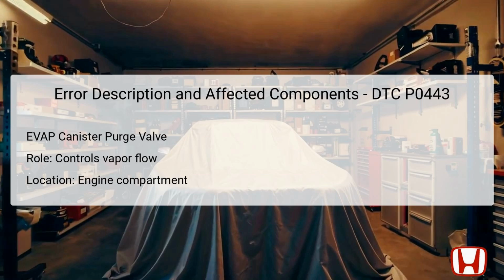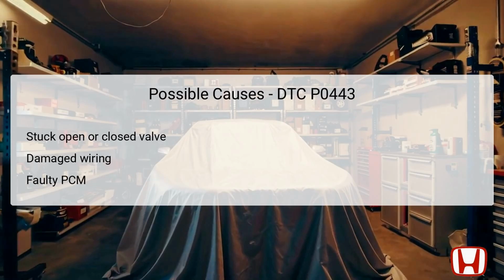The focus of diagnostic procedures will revolve around assessing the circuitry, valve operations, and potential failures within the electrical components associated with this valve. DTC P0443 can be attributed to several potential issues within the EVAP system.